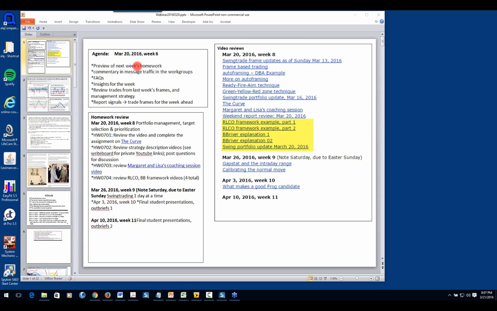All right, so the first thing I want to cover is reviewing next week's homework. And it looks like most people at least looked at the curve. If you haven't done that one, I think you'll find that that's a helpful little exercise.